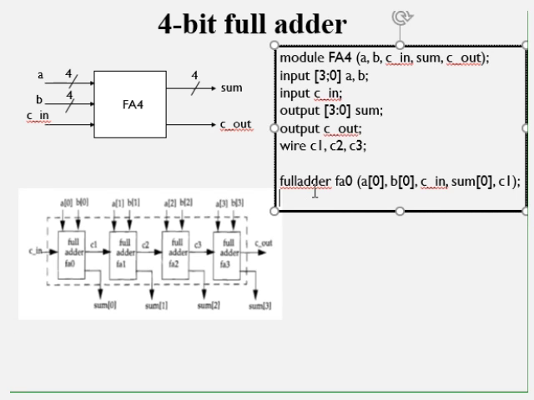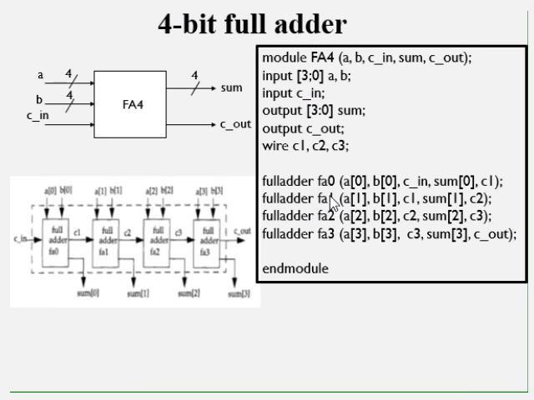Now I have put this order assuming that when I write the program for the full adder, which I have not yet shown you, this will be the order. We'll see that later. Now I need 4 component instantiation lines for 4 full adders. So I have written the remaining instantiation lines.